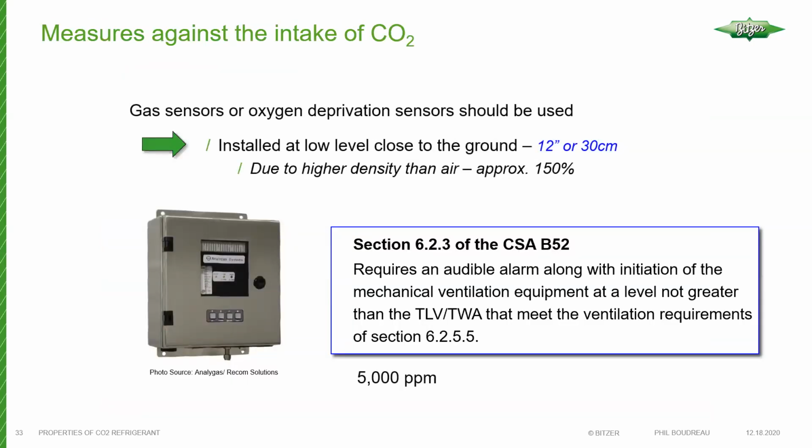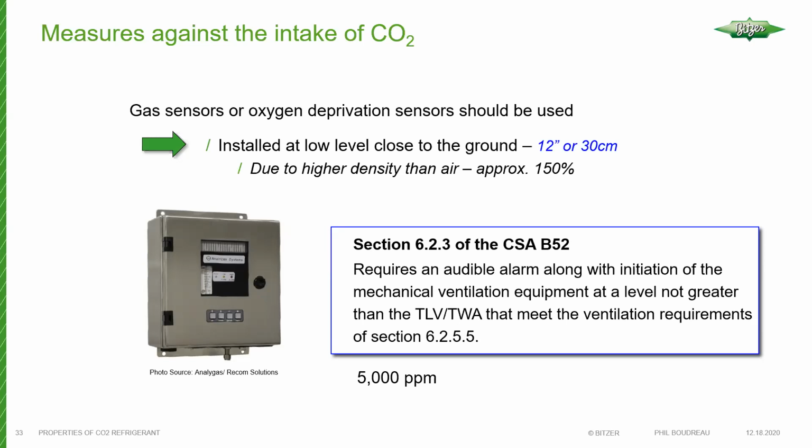So gas sensors or oxygen deprivation sensors should be used always in accordance with the code. A safety code for mechanical refrigeration would generally be CSA B52 here in Canada. And we should also consider the contents of ASHRAE 34 and ASHRAE 15, which is the safety standard.